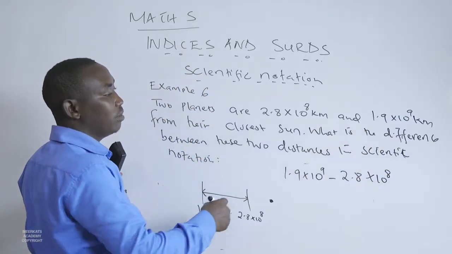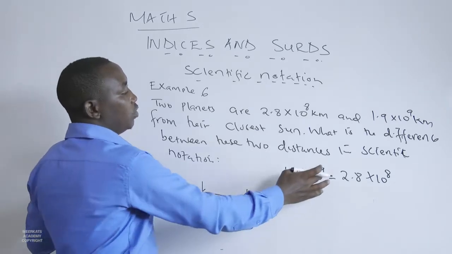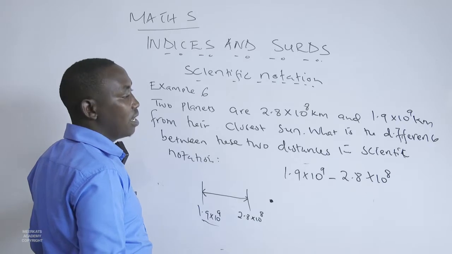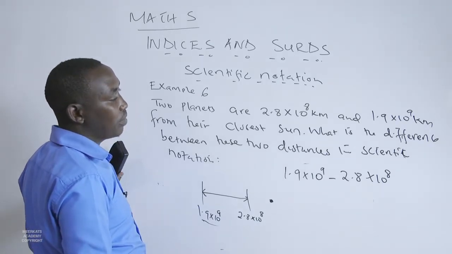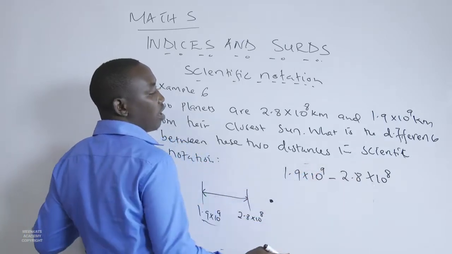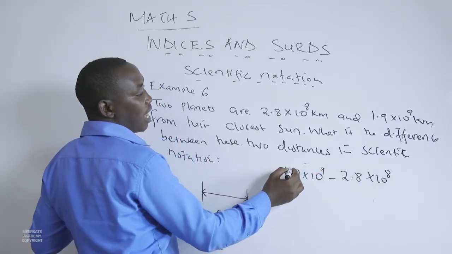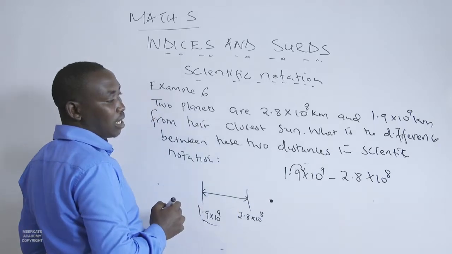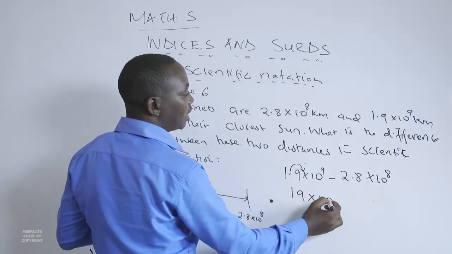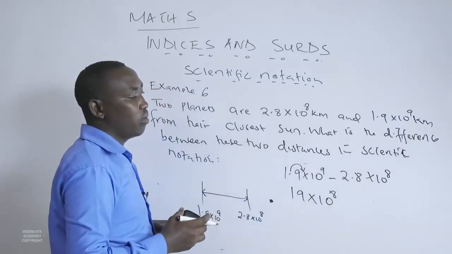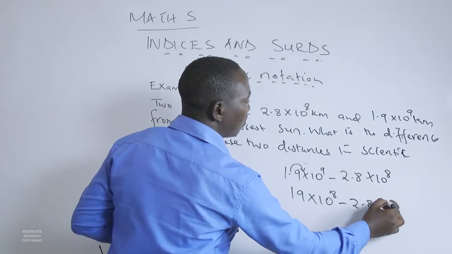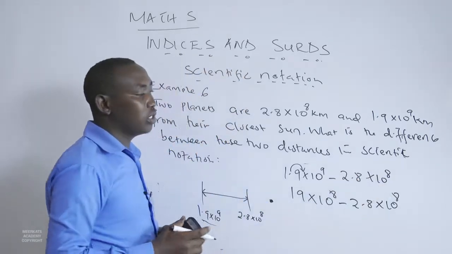Before you proceed, ensure that you have them written in the same powers. Let me write them to the power of 8. I can move 1 step, and this will give me 19 times 10 raised to 8. Then I subtract 2.8 times 10 raised to 8.